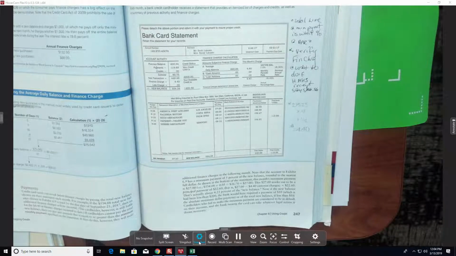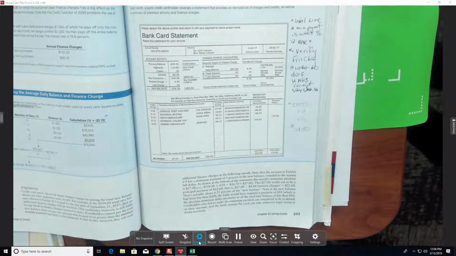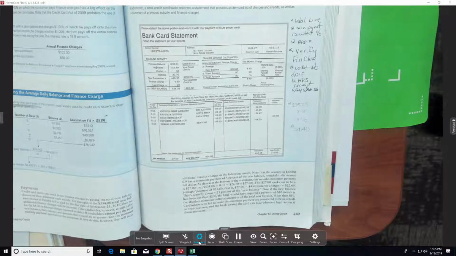There's two ways that finance charges are calculated. Can anybody tell me what those two ways are? How do you calculate a finance charge? Yes, ma'am. Average daily balance, including and excluding purchases. That's it. ADB. So my question is, what are the two ways that finance charges are calculated on a credit card?